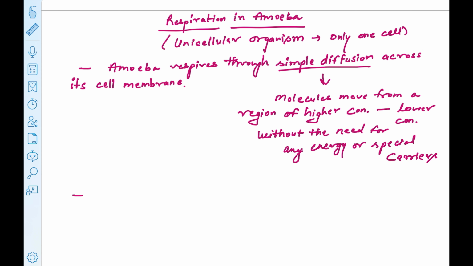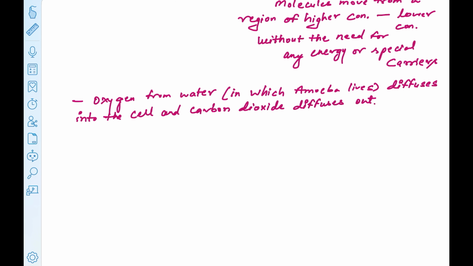So, oxygen from water in which amoeba lives diffuses into the cell and carbon dioxide diffuses out. Okay. So, in a unicellular organism like amoeba, no specialized organ is required and it is a type of cell membrane respiration.